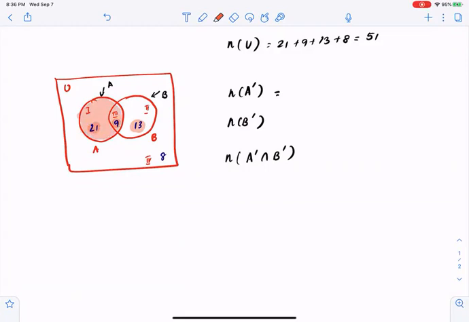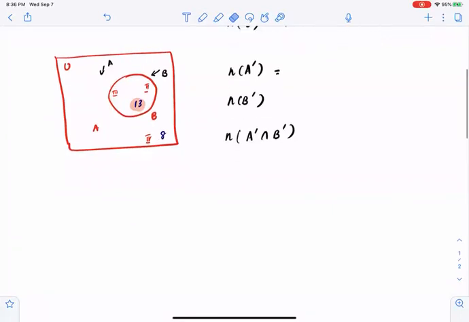So that needs to go away. That entire count, let's see, perhaps I can erase it. So that count needs to disappear. And that would simply leave us with the 13 and the 8. So 13 plus 8, 21.